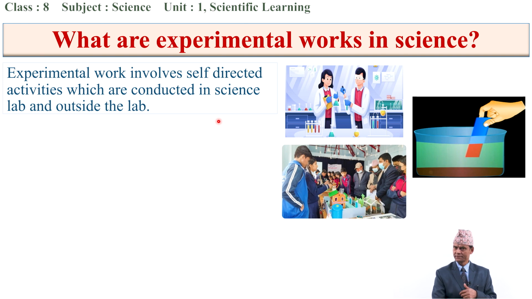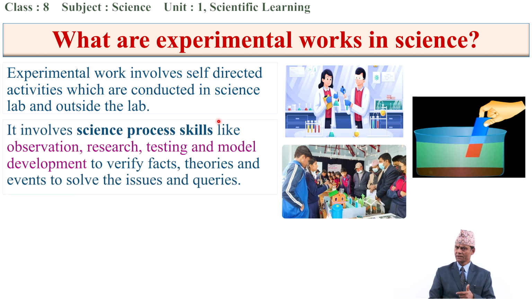There is field work, different field works, which can be conducted. So, it involves the science process skills. What are the science process skills? These are observation, research, testing, model development to verify the facts.